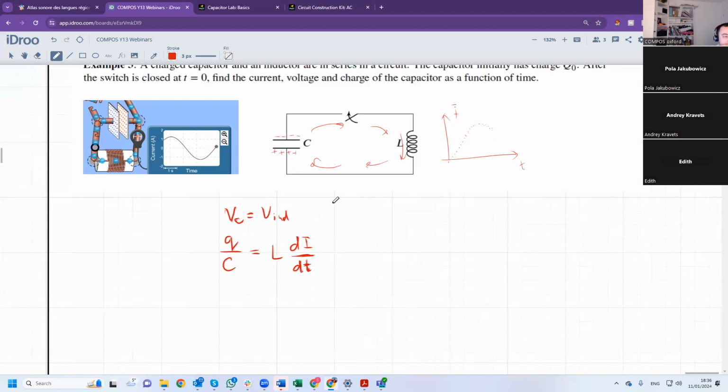Now the signs. If the capacitor is charged positively, then the inductor will produce a voltage in the opposite direction, so plus and minus. So they have the same polarity, so that makes perfect sense. And the change in current is positive, so that works.